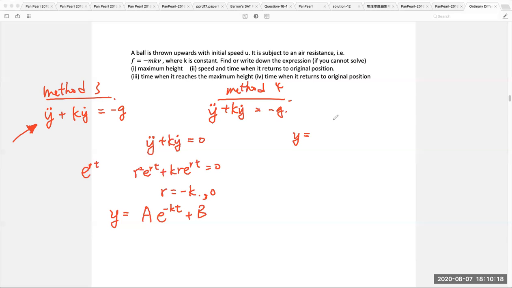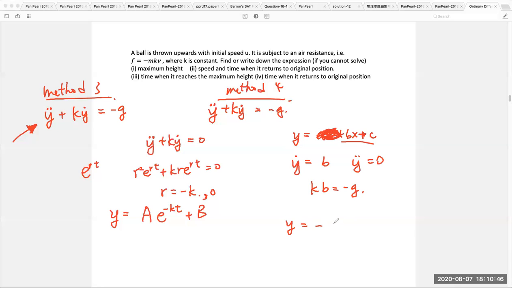Actually, it doesn't matter. You can just try the second order first, and you can show that A will be 0 afterwards. But there is a smarter way: you try the first order. So the y dot you get is B, and y double dot is 0. So you get kB equal to negative g.